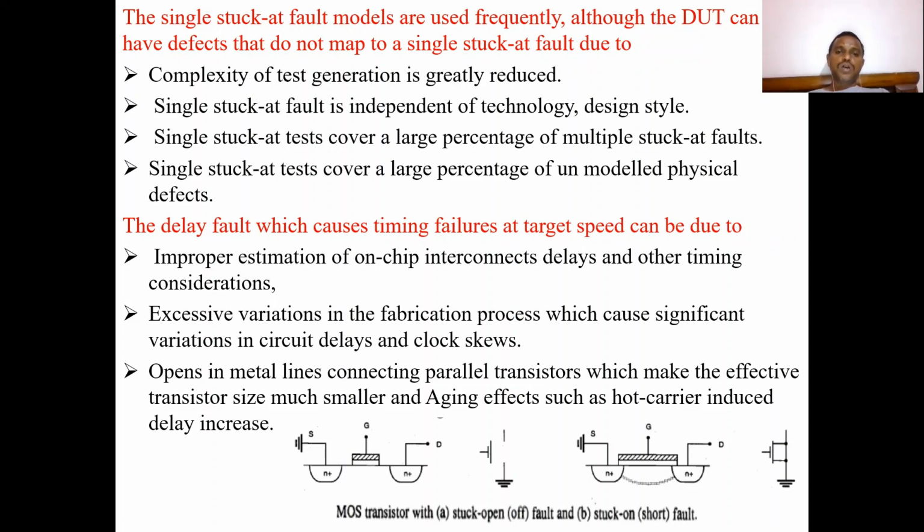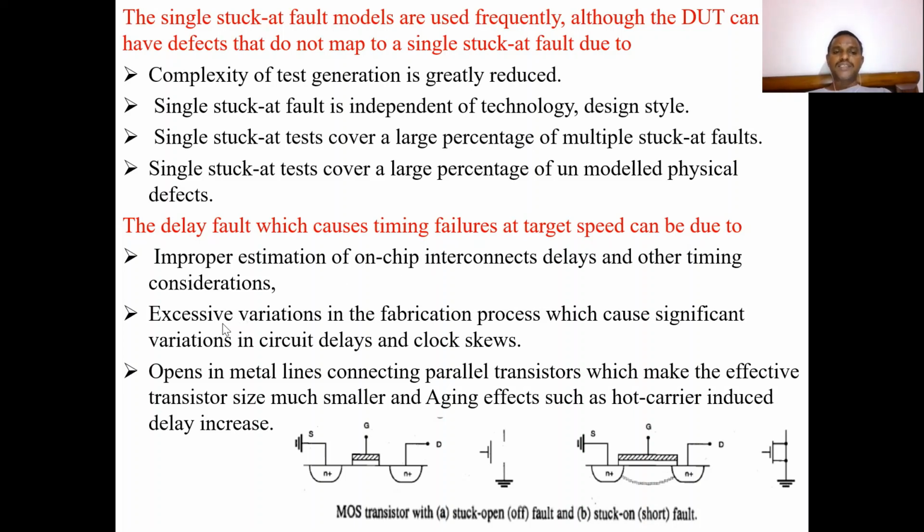Another one is the delay fault, which causes timing failures at target speed and can be due to improper estimation of on-chip interconnect delays and other timing considerations.